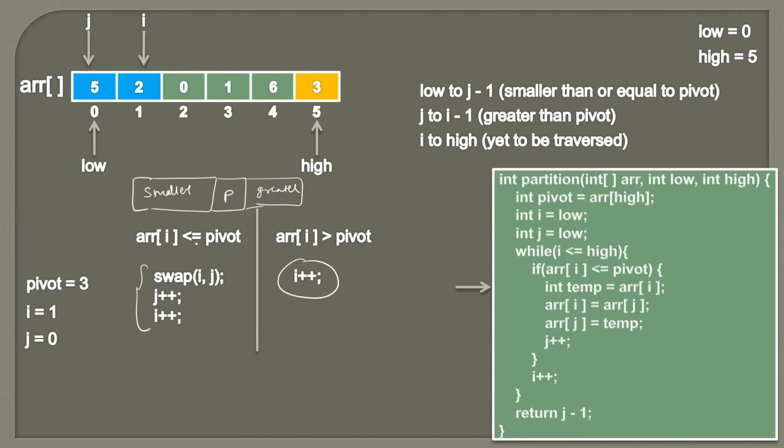So when array of i is less than or equal to pivot, we simply throw the element which is at the ith index to the jth index and take its value. I will go over these steps quickly when we do this swap. 5 will come here and 2 will go there.